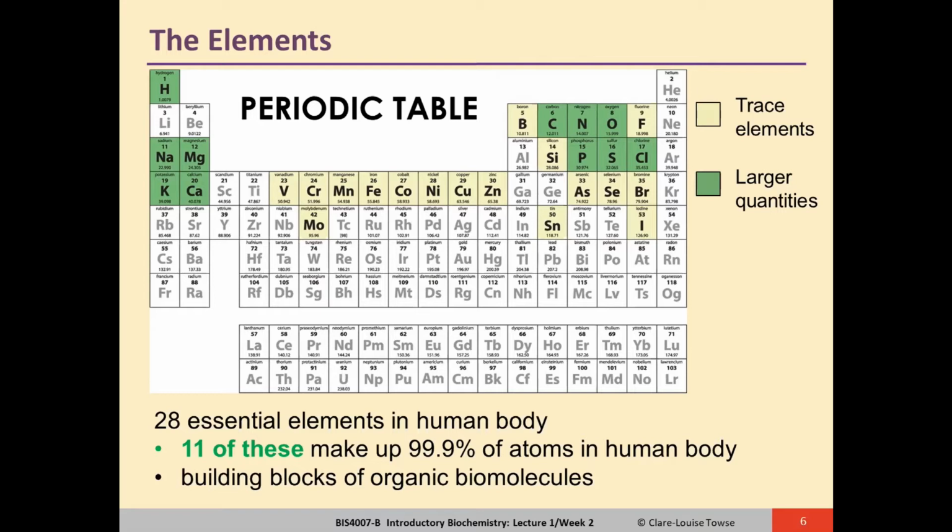Then oxygen, sulfur, selenium is a -2. Then it just goes -1. And the last one is a 0 because it doesn't gain or lose. It's the noble gas group.